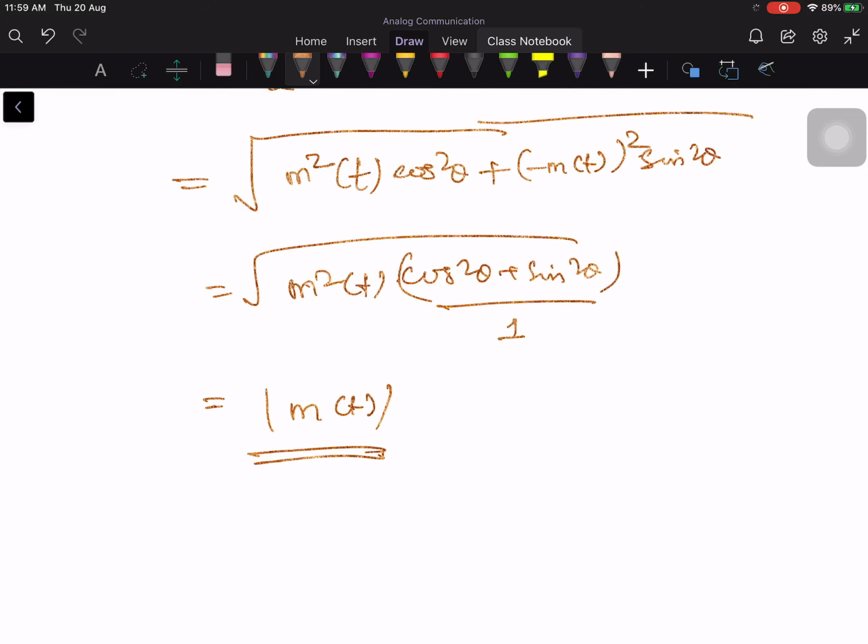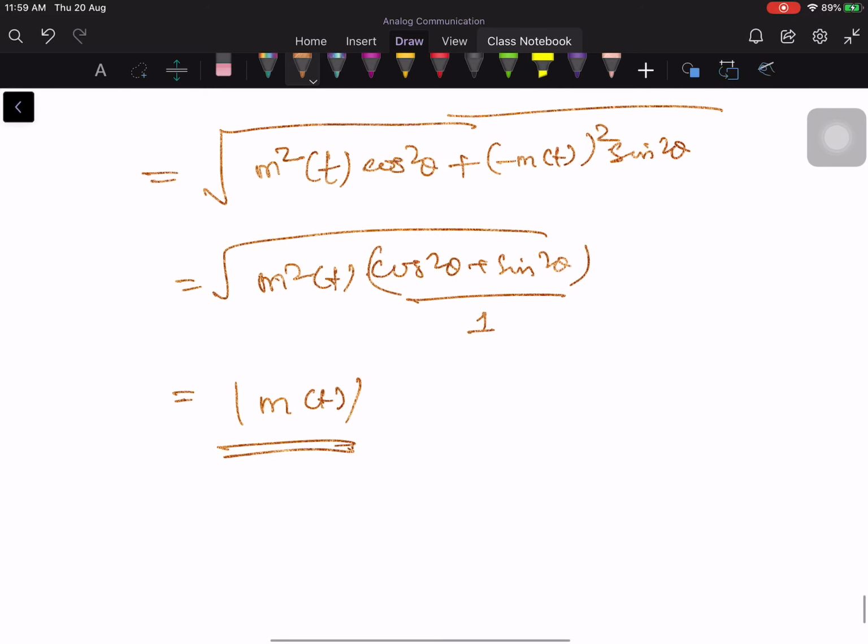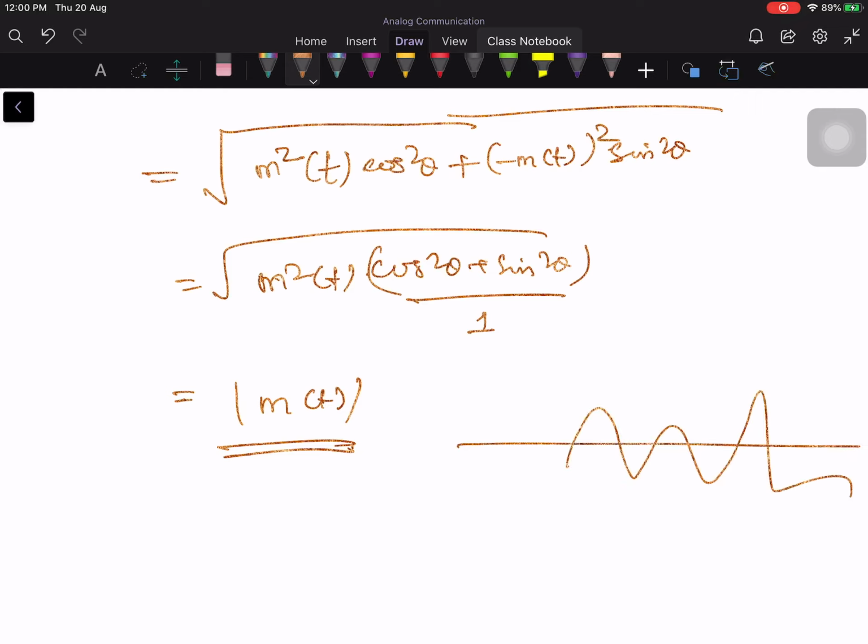So, therefore, the sign information of the message signal will be lost. M of t has to be positive function. Originally, the m of t was like this. It has a negative part and a positive part. Now, once you multiply with the carrier, the negative part will be lost. So, what I am saying is that the instantaneous amplitude is governed by the modulus of m of t, not by m of t.